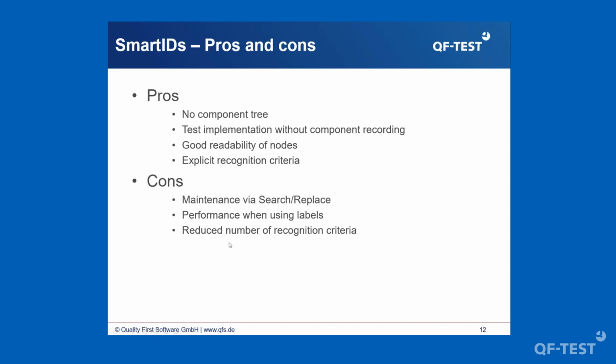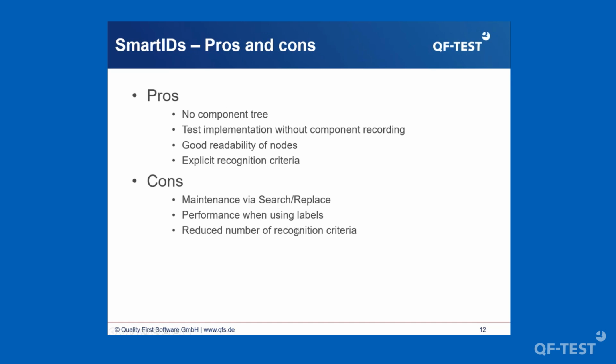And these disadvantages remain because, well, obviously, you don't have a single place where the criteria are bundled, like in the component node. So you have to do the maintenance change via search and replace.